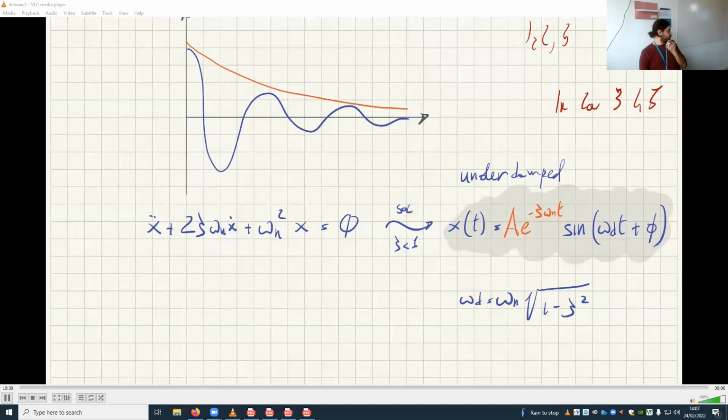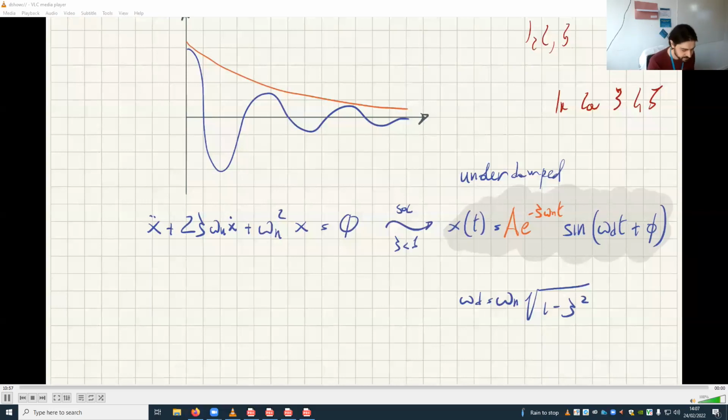You will never be able to observe omega n. So if you take any measurements, you will always be measuring omega d, because that's the frequency of oscillation. Again, if it's slightly damped, it might be extremely close to omega n, but it will never be the same as omega n.